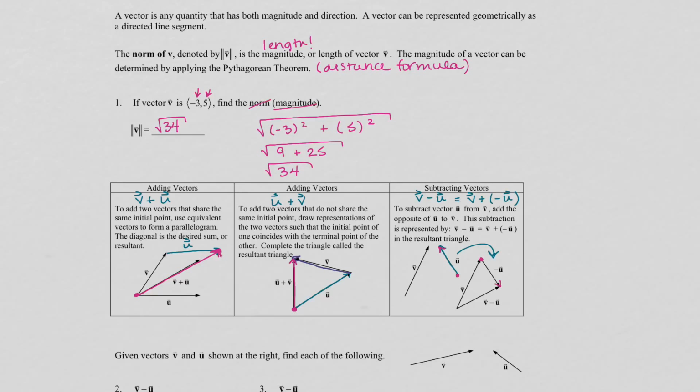We put our starting point for u at the ending point of v, and then drew, again, your sum vector, right? This is v plus negative u, from the starting point of v to the ending point of our redrawn u.